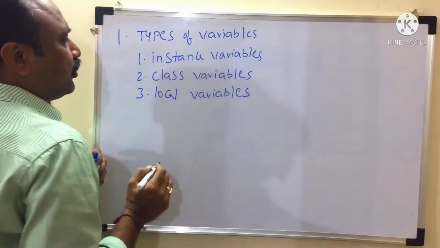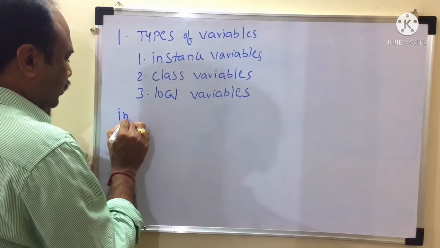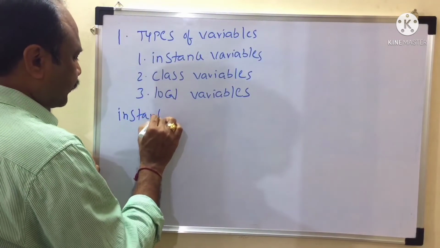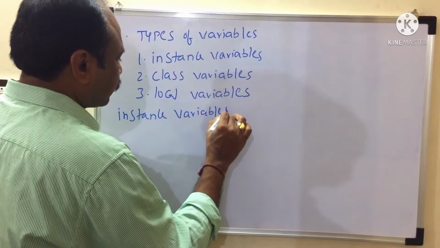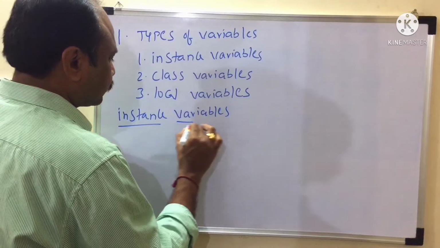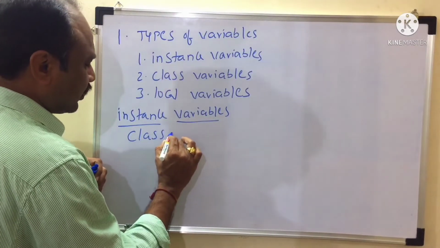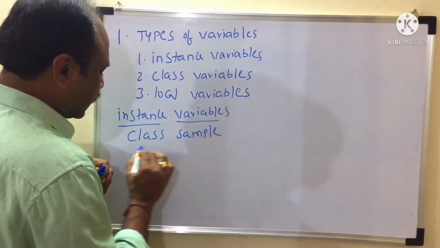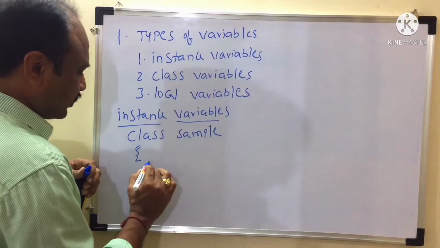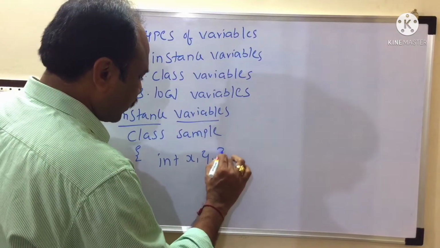First, we'll discuss instance variables. When you take a class, sample, a class contains variables and methods: int x, y, z.